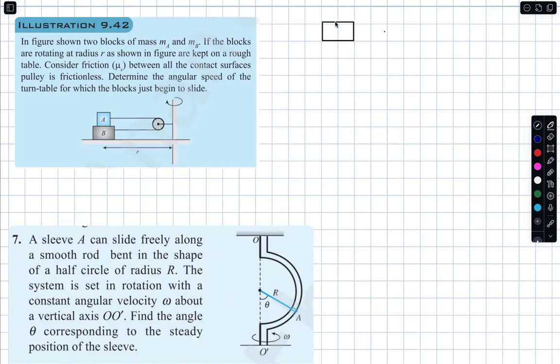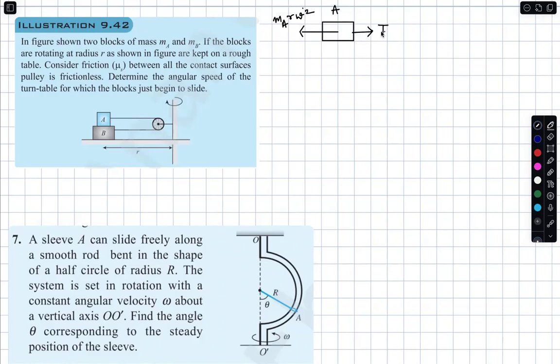Arya, this is A. A already experienced a pseudo force, MA R omega square. Tension.